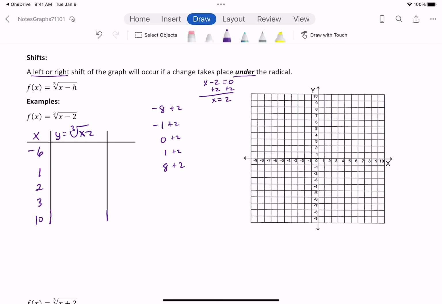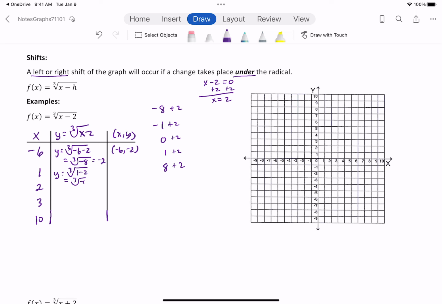So let's see if it worked. If I substitute negative 6, look what happens. Negative 6 minus 2 is negative 8. And I know the cube root of negative 8 is negative 2. So that worked. Alright? So then we just have to do that for each one.